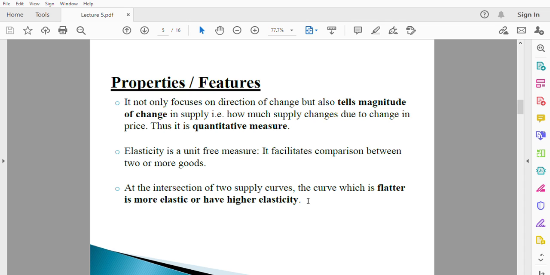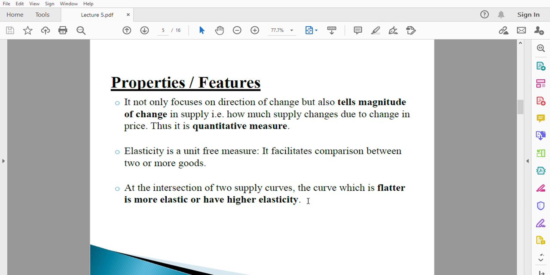Now let's look at properties or features of the elasticity of supply. The first is that it not only focuses on the direction of change but also tells magnitude of change in supply.